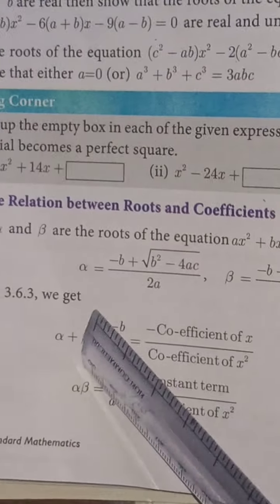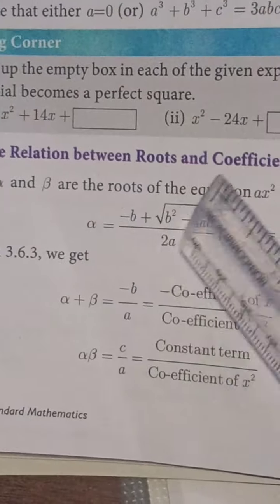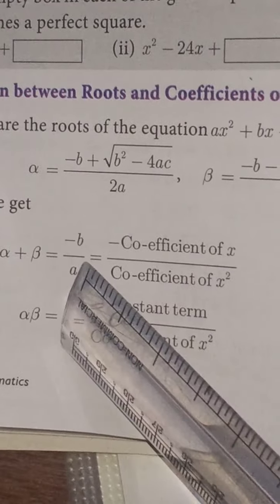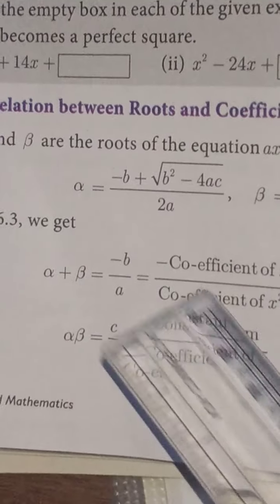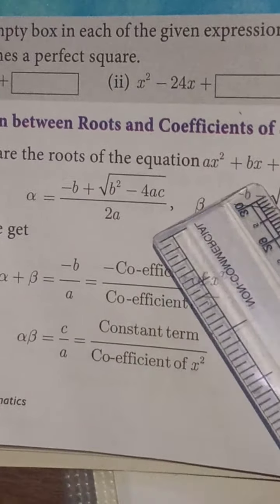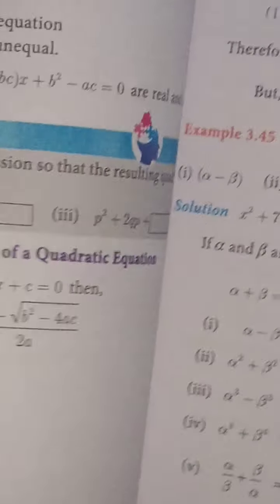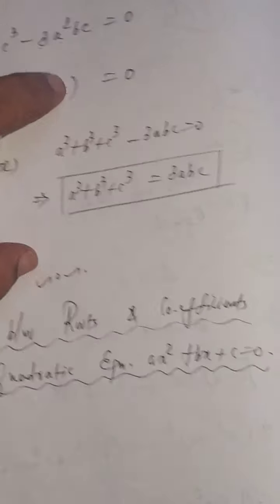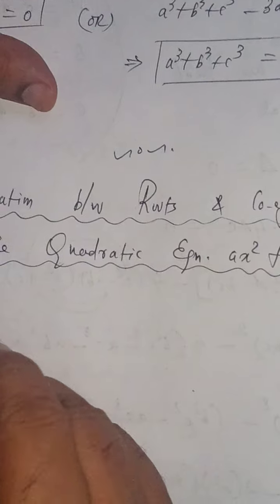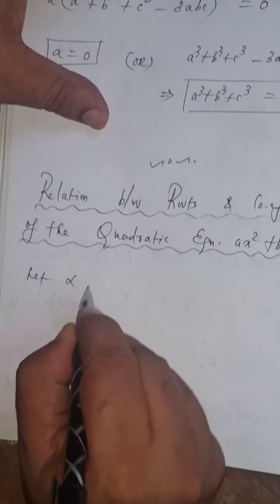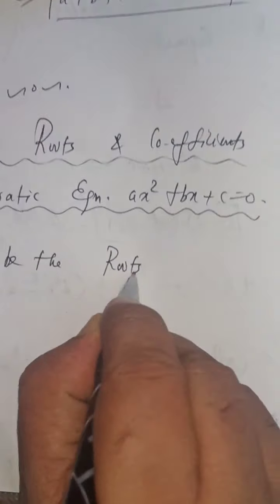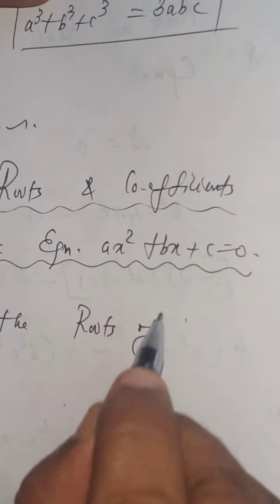Okay, alpha plus beta, that means sum of the roots, formula minus b by a. Alpha beta is equal to c by a. What is a? Coefficient of x square. What is b? Coefficient of x, and c is the constant term. Let alpha and beta be the roots of the equation.